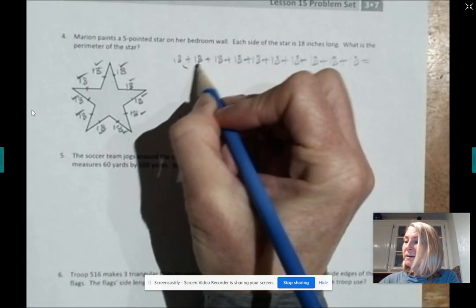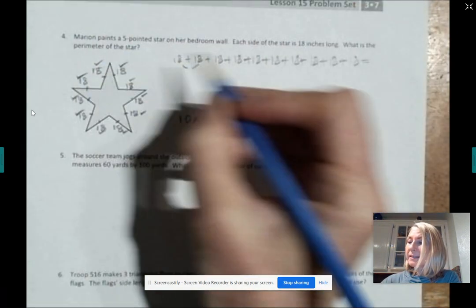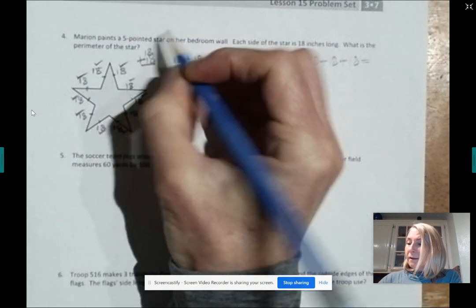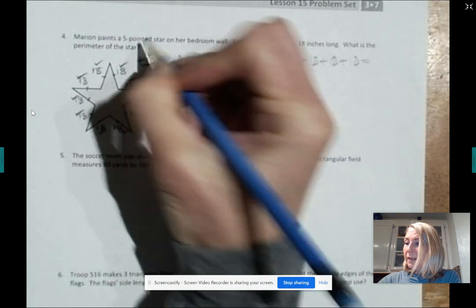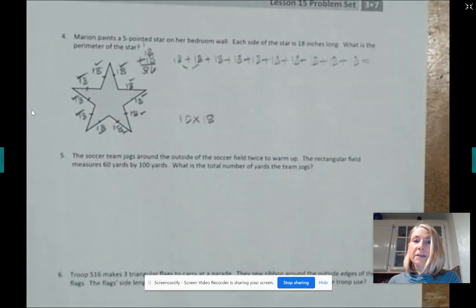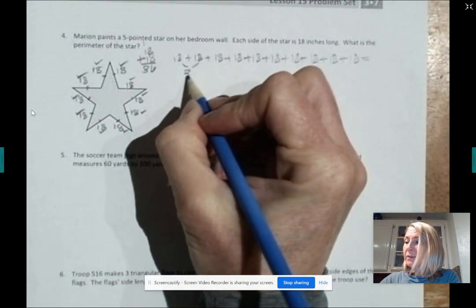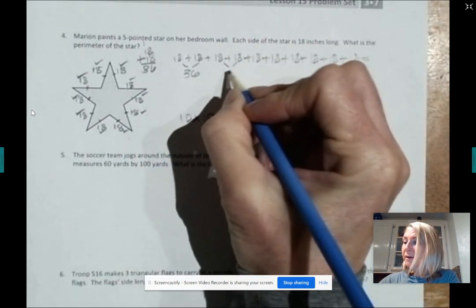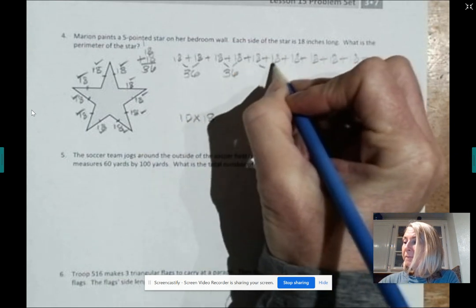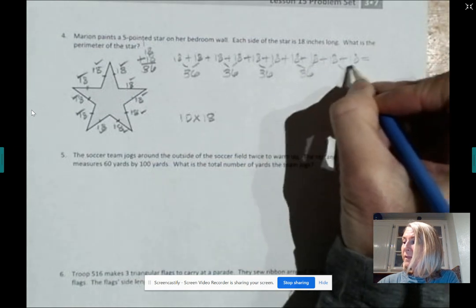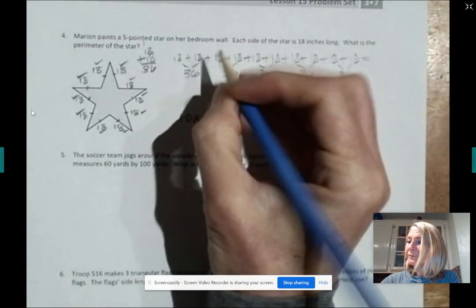All right, so here I have 18 plus 18. I'm going to squeak in a vertical problem here so we can make sure that we're launching this addition chain correctly. So 18 plus 18 gives me 36. So I've got one there, one there, one there, one there, and one here. Ooh.